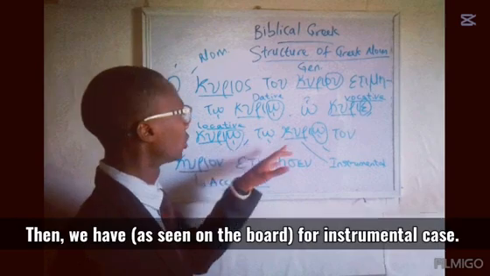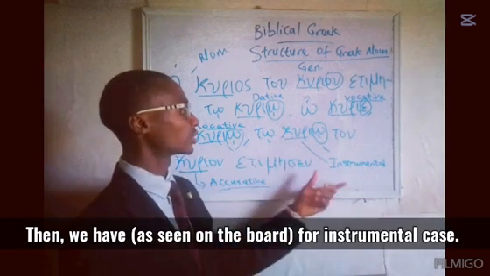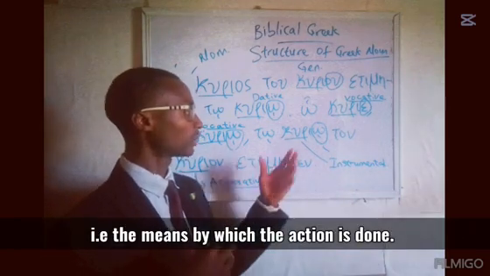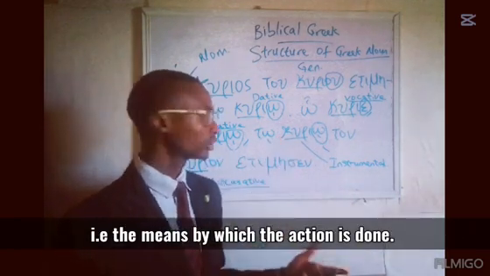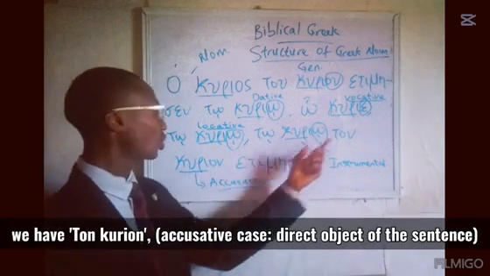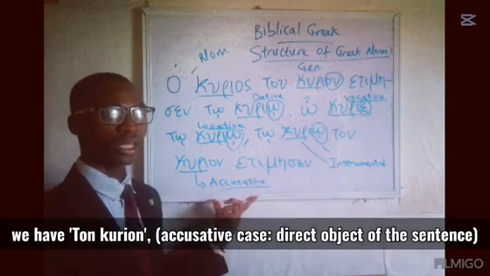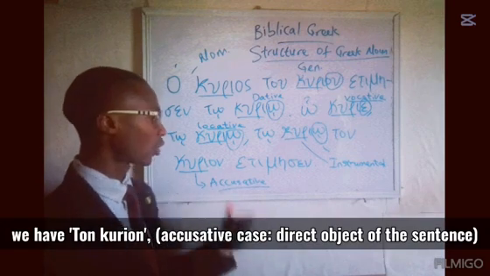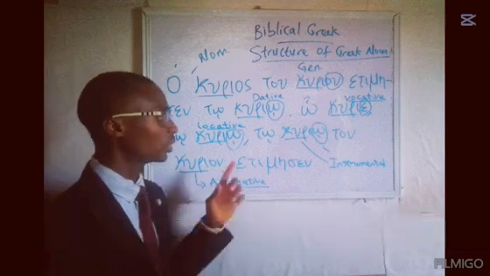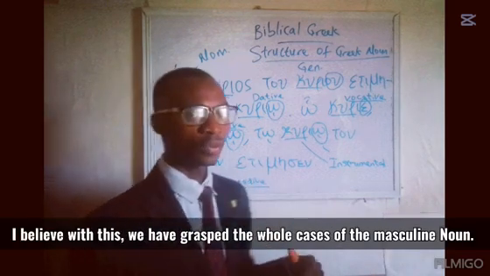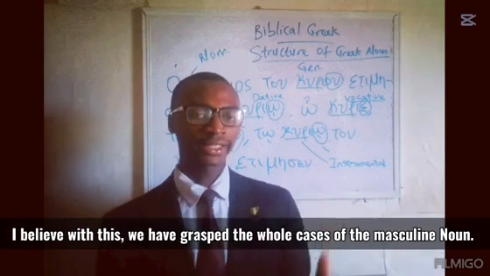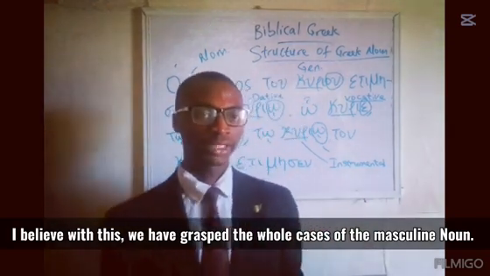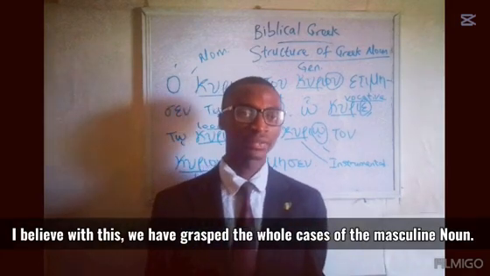Then we have kuriō, which talks about the instrumental case, as the means with which that particular action is done. Then we have ton kurion, that is for the accusative, if the noun is functioning as the direct object of that particular sentence. So I believe with this we have grasped the whole 8 cases of the masculine noun: the nominative case, accusative, vocative, and the like.